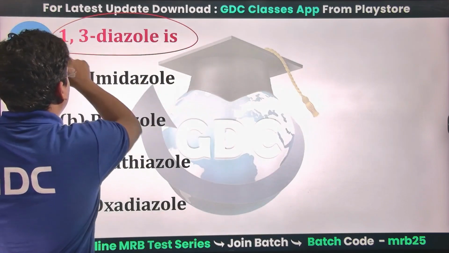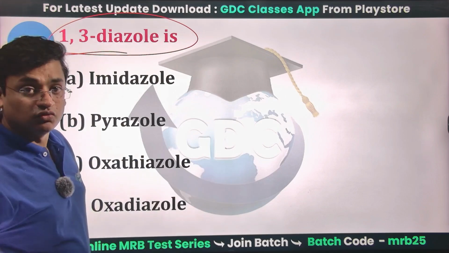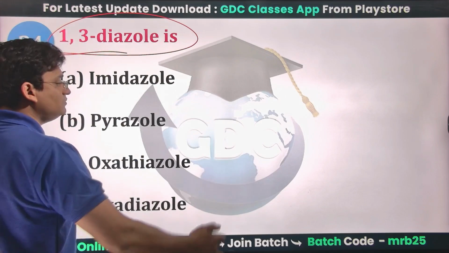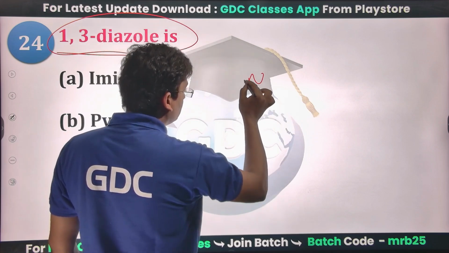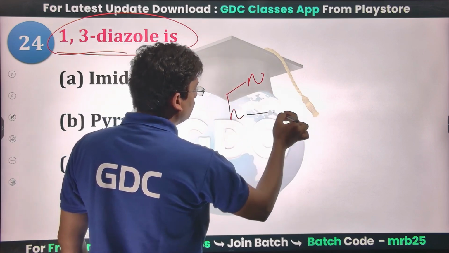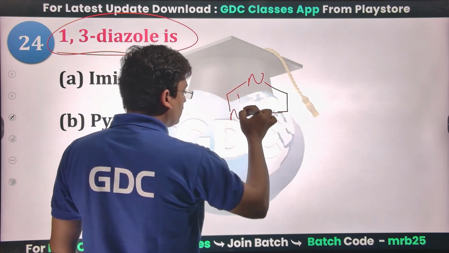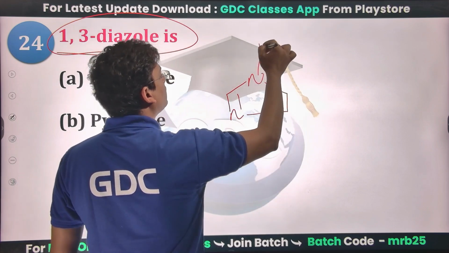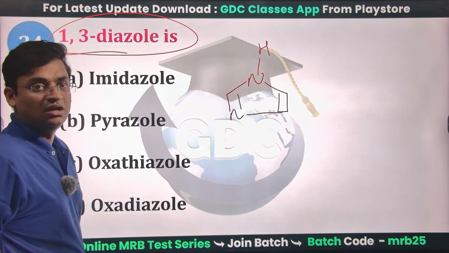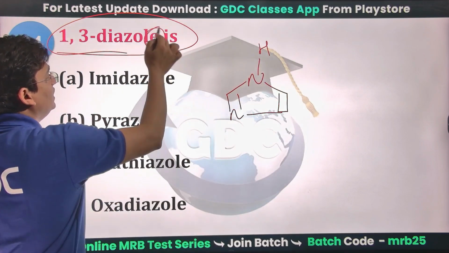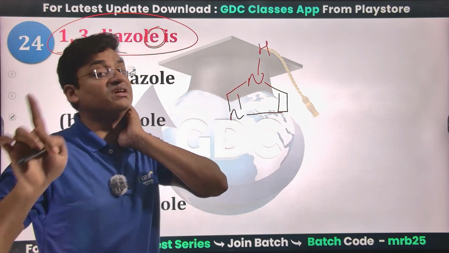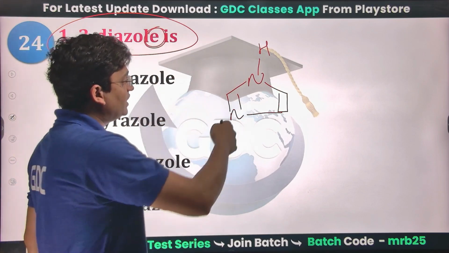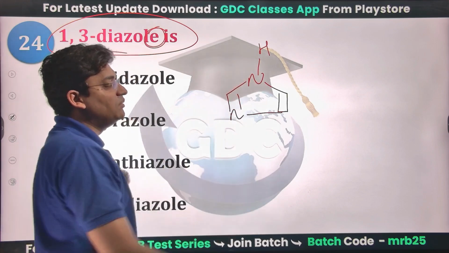Now the next question: 1,3-diazole is. So 1,3-diazole, with nitrogen atoms present at 1 and 3 positions, and at the end we have only E. So E represents unsaturation for 4, 5 and 6-member rings. So what do you name this ring?